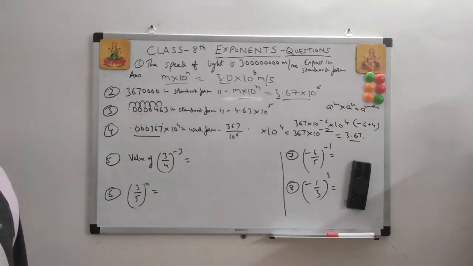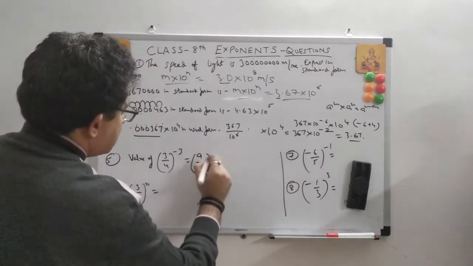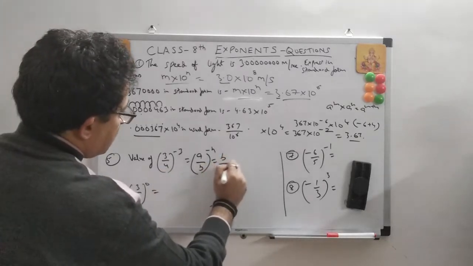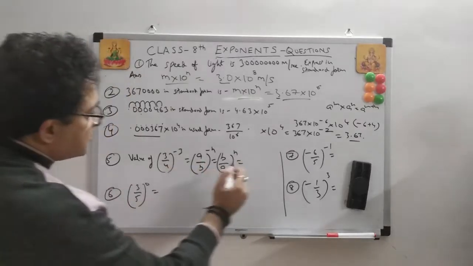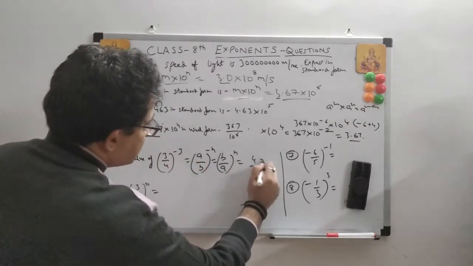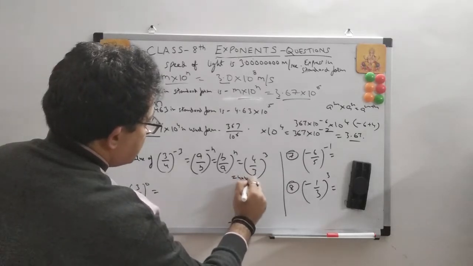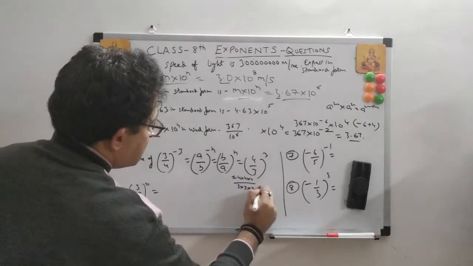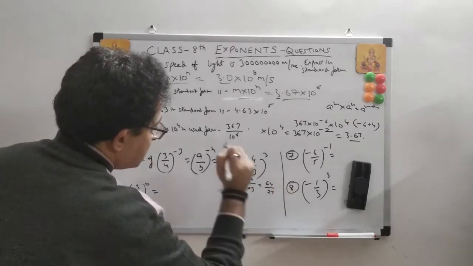Got it? Now, this is in the form of a upon b to the power of minus n. You can write this as b upon a to the power n. So this becomes, reverse this, 4 upon 3 to the power 3. This becomes 4 into 4 into 4 upon 3 into 3 into 3. This becomes 27, this becomes 64.